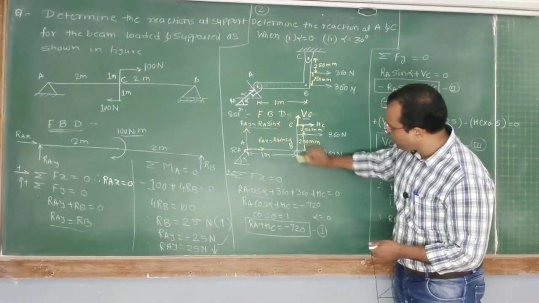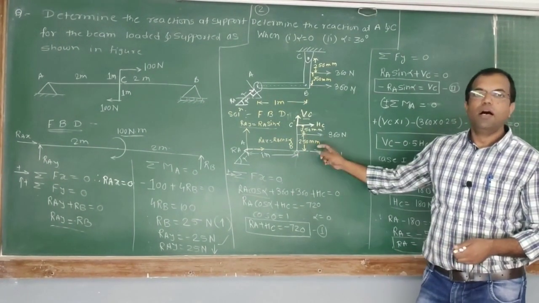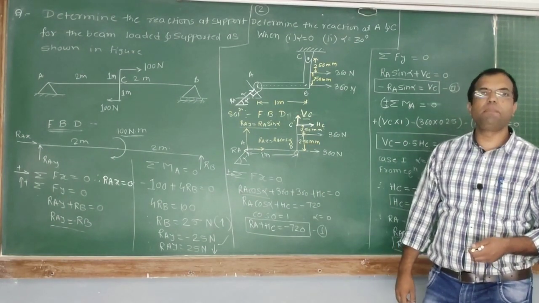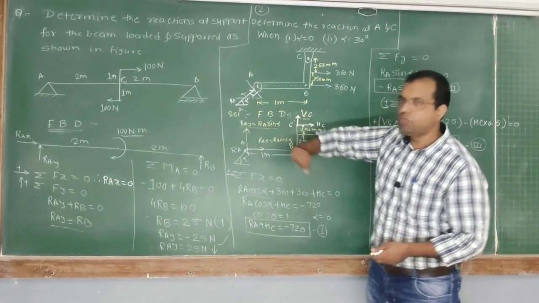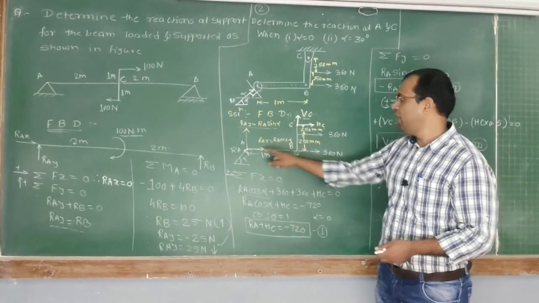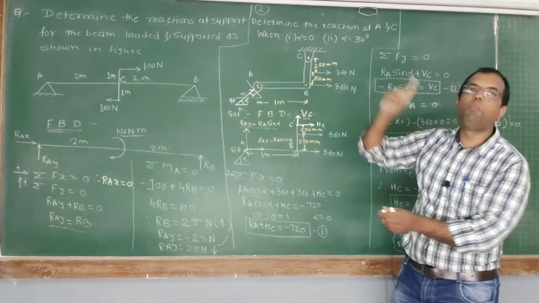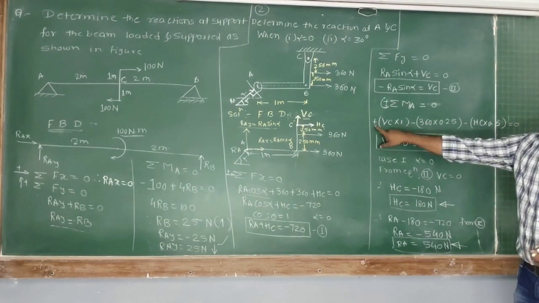Is it possible? Yes, because we can show the force anywhere on its line of action by using the principle of transmissibility. So force into perpendicular distance is 1. So VC into 1 will create the moment in counterclockwise sense.